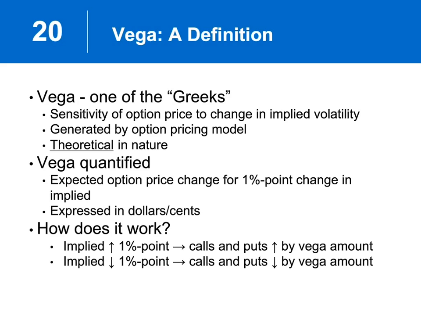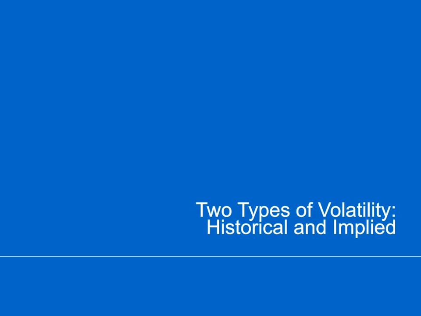So Vega, just like delta, is a number coming out of that theoretical model on your platform that tells you how much you can expect that option to increase or decrease as implied volatilities go up or down. So I've hinted a little bit at volatilities. Let's look at the two.